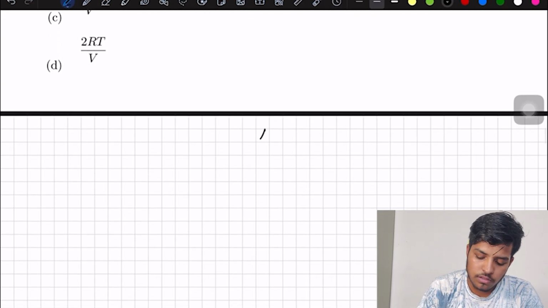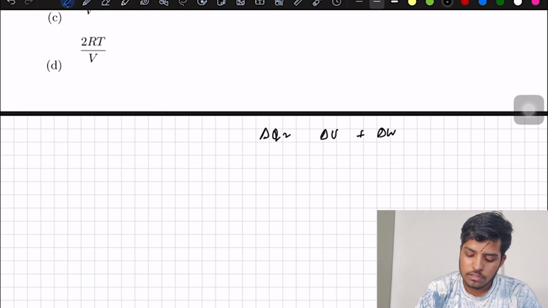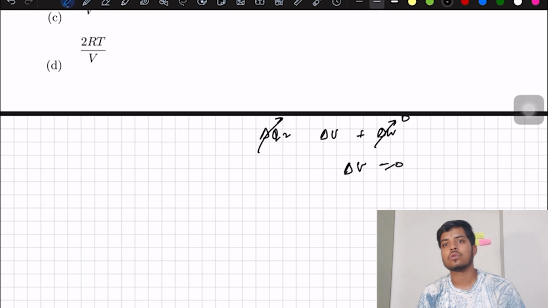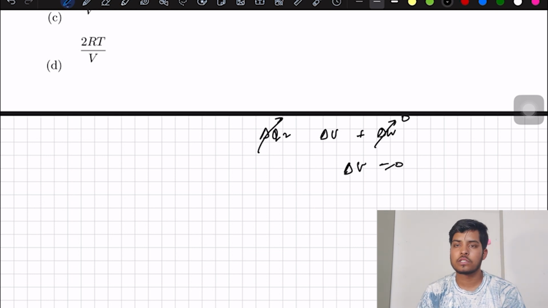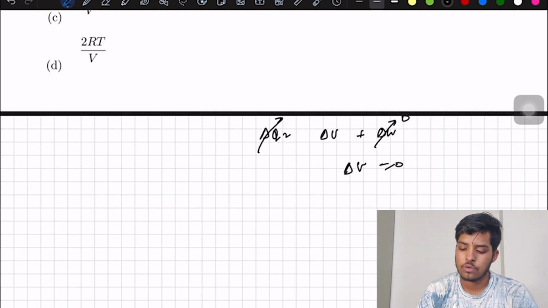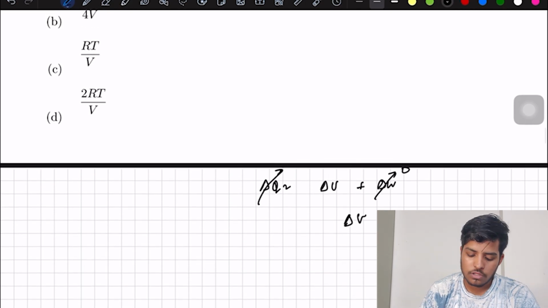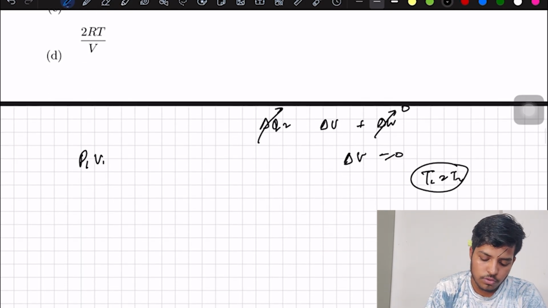So we know that delta Q equals delta U plus delta W. In the question it is saying that no work is done, so W is 0, and it is adiabatic, so Q is also 0. So delta U must be 0. Since delta U is 0, temperature is constant, so T1 equals T2, and P1 V1 equals P2 V2.